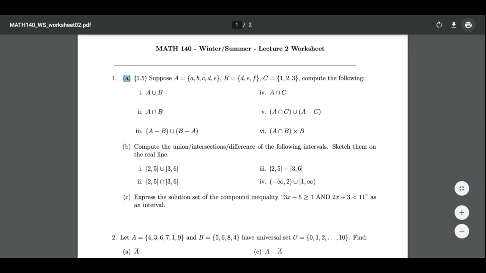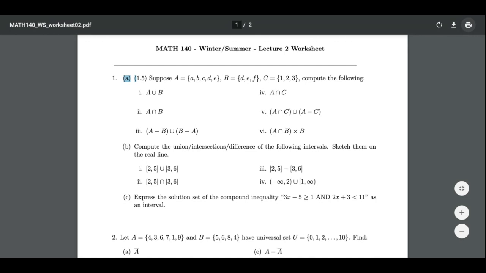If anybody has any questions, feel free to ask. And the second one, A intersect B: D and E. Good. D and E, or E and D, that's okay. The members, the elements in the set, don't have order.